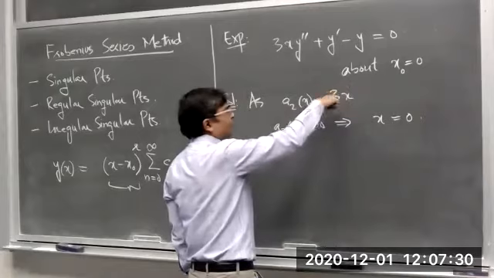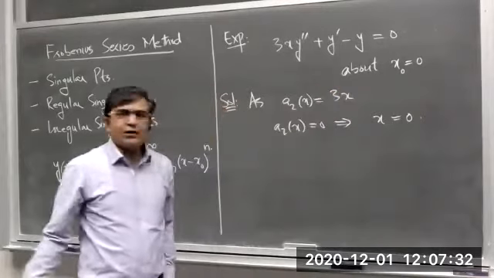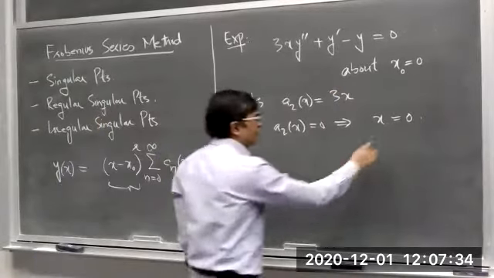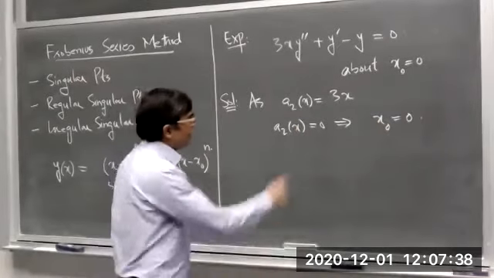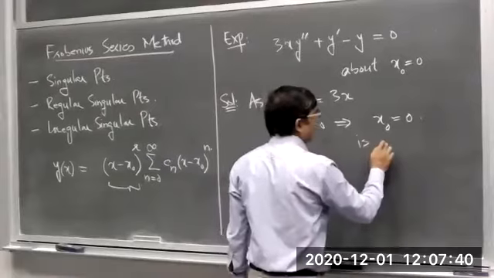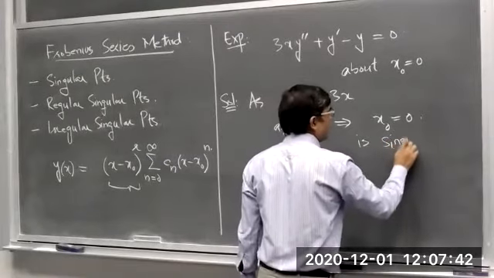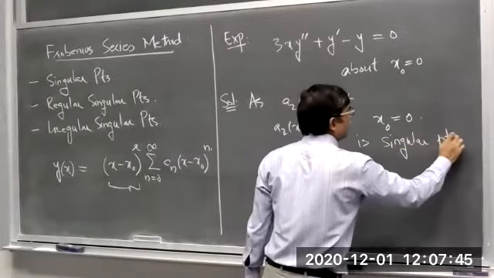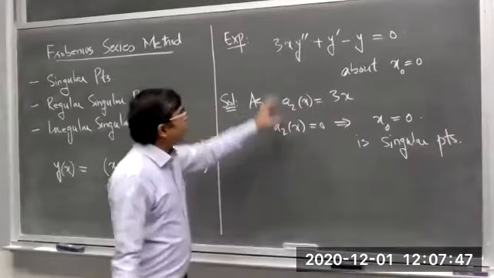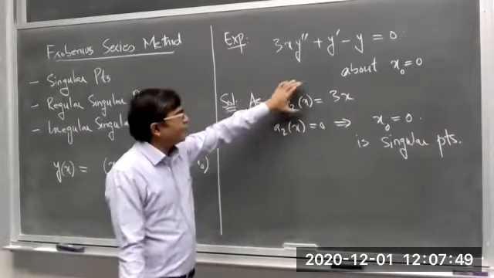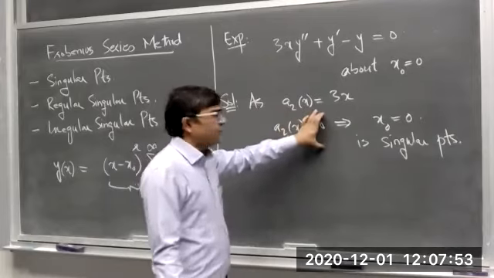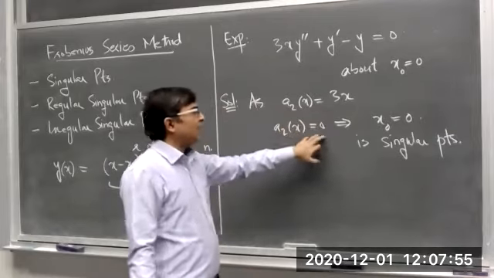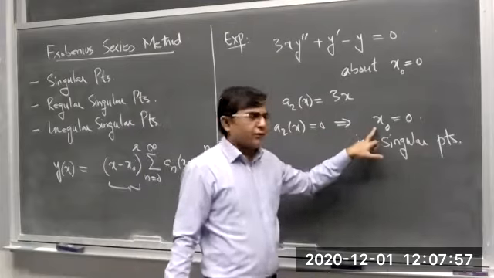So this is x naught equal to 0. So x naught is a singular point, because by the definition of singular point, for all x which satisfy a2 of x equal to 0, those are basically singular points.